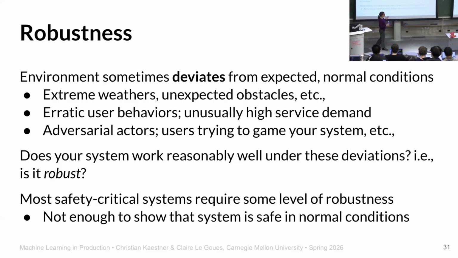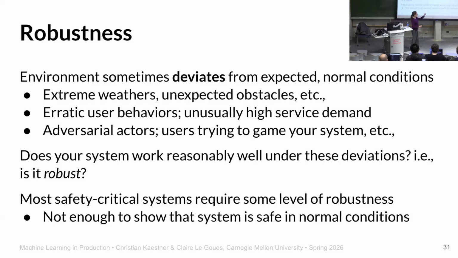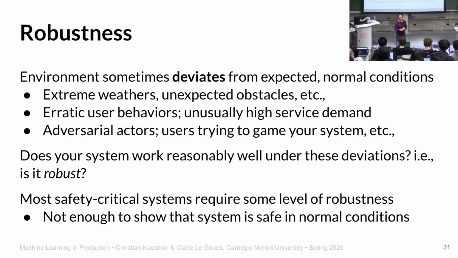So maybe users do something weird, right? Maybe adversarial attackers are trying to attack your system, right? Robustness in a software system is asking, does your system work reasonably well under these deviations? Doesn't mean does it do the right thing, right? Because often these are outside nominal operating conditions. Usually it means a fail-safe question, right?